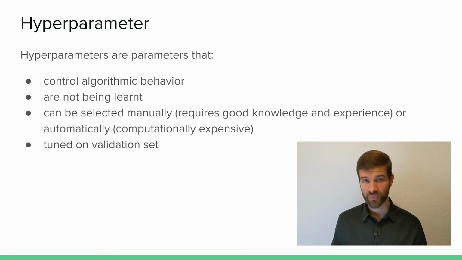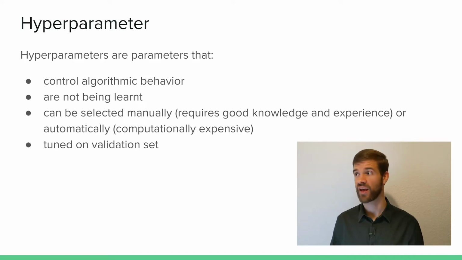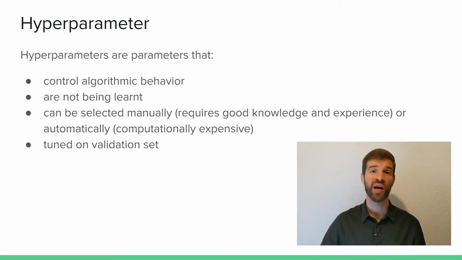And basically, we can either select them manually by just saying, okay, I want to have 3 layers, which if we want to perform such a decision, we need some knowledge and experience so we can make an educated decision here. Or if we automatically want to determine the best value for this hyperparameter, it becomes computationally expensive.